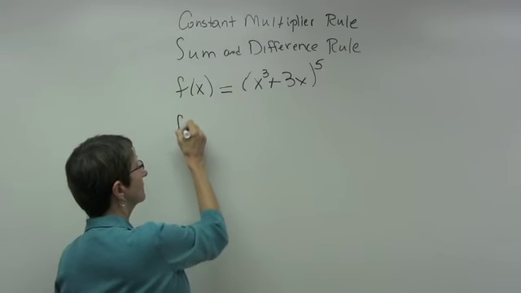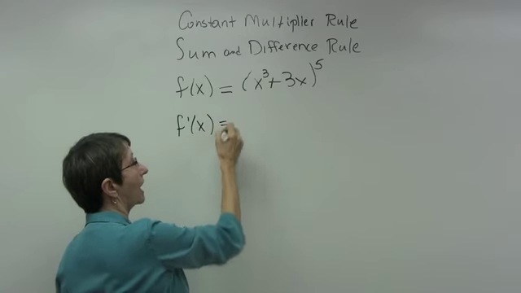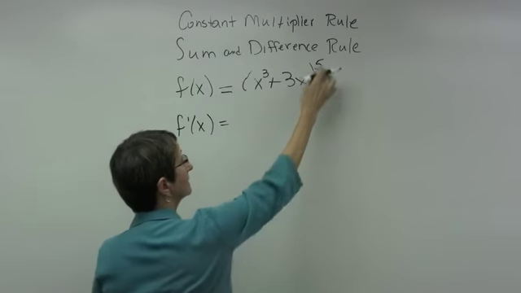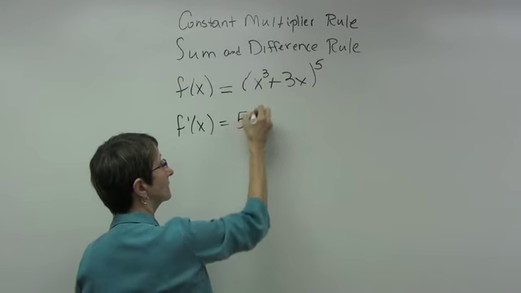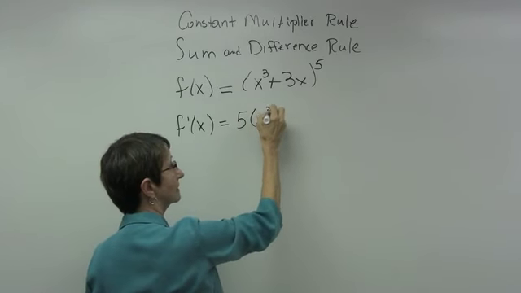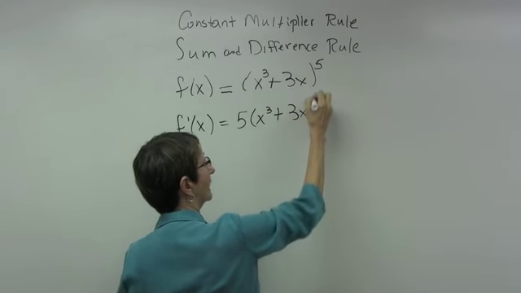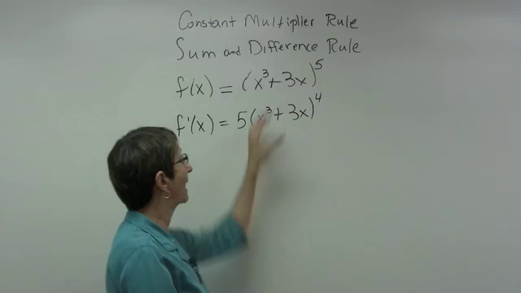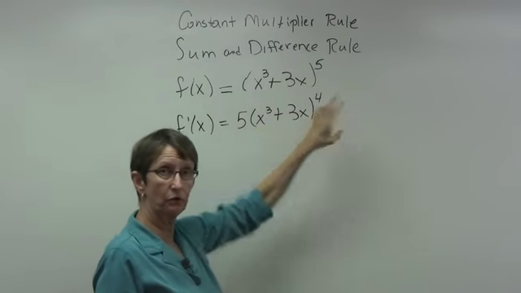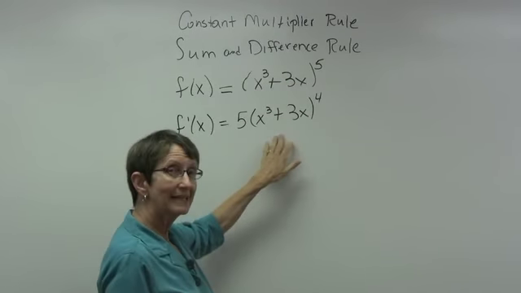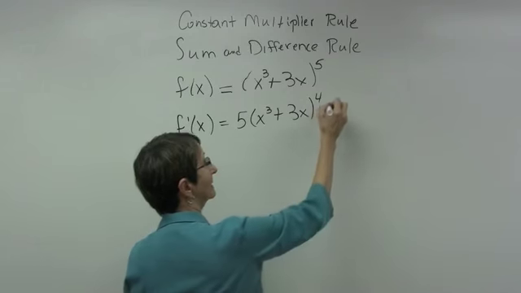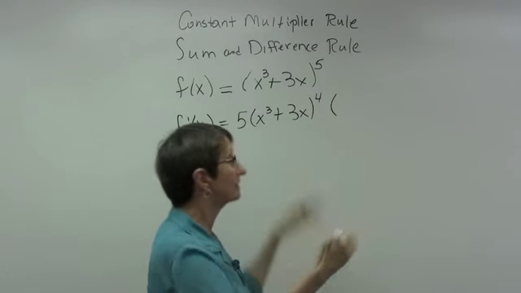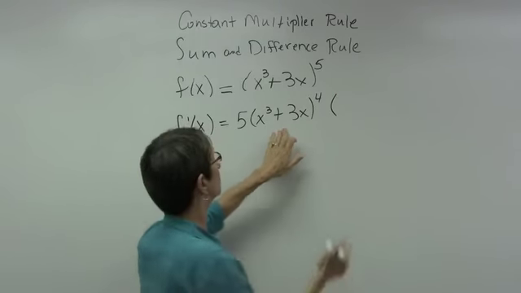So to take the derivative of the outside, 5, the inside stays, but it's now to the 4th power. So my outer derivative was 5 something to the 4th. The sum on the inside becomes part of the derivative of the inside using the chain rule.